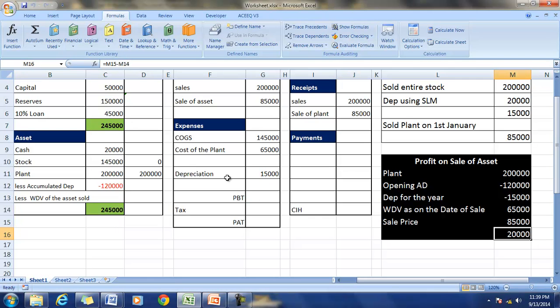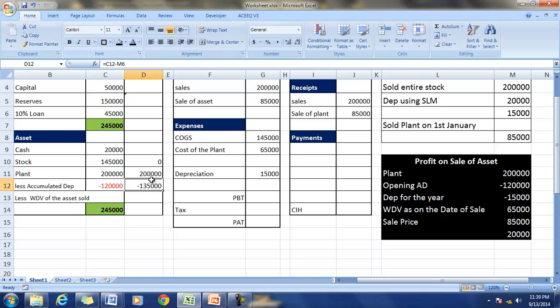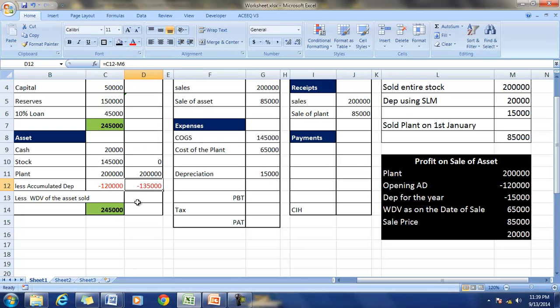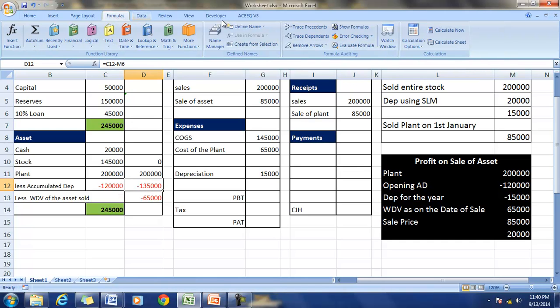But here, instead of showing profit, we have shown the sale of the asset and the cost of the asset. So the accumulated depreciation now will become 135,000, because up to the date of the sale the depreciation will be 135,000, which is 120,000 plus 15,000.